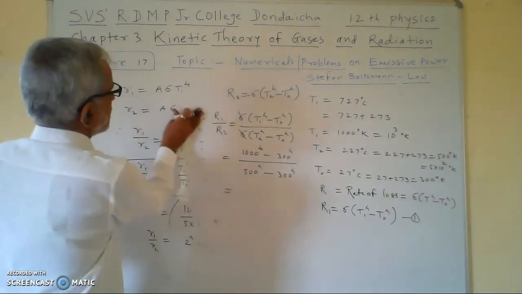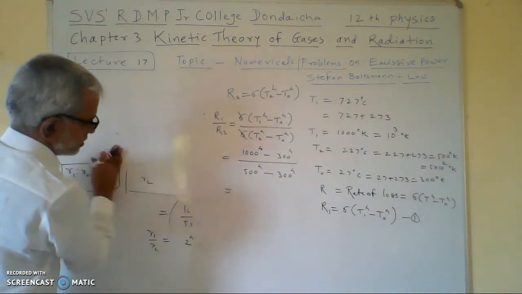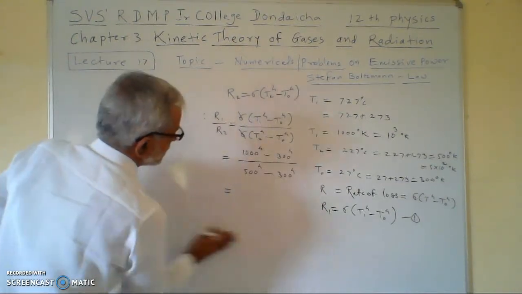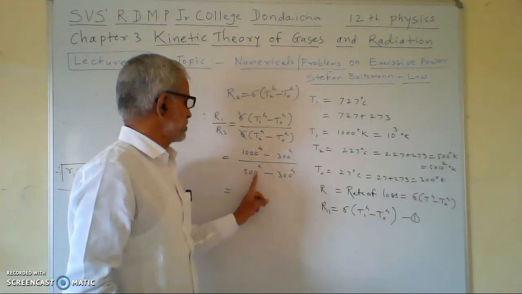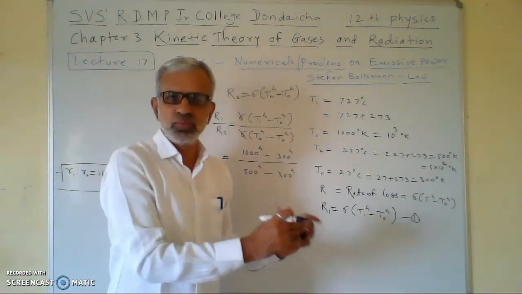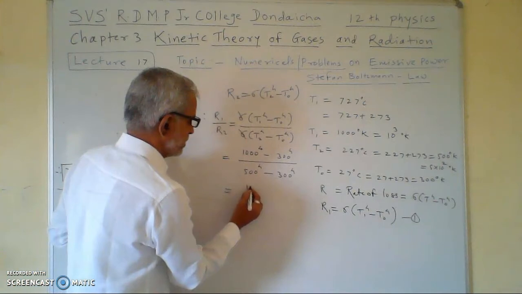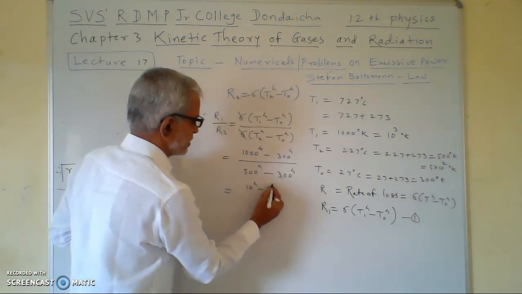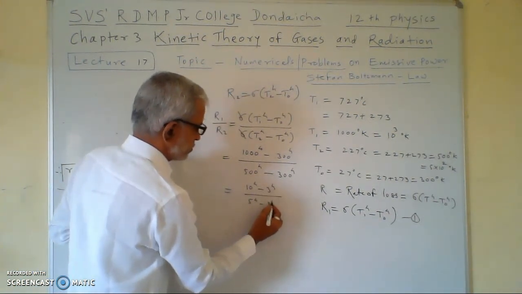Now here, these two zeros are common, and raised to 4 they will get cancelled, and this will be 10 raised to 4 minus 3 raised to 4 upon 5 raised to 4 minus 3 raised to 4.